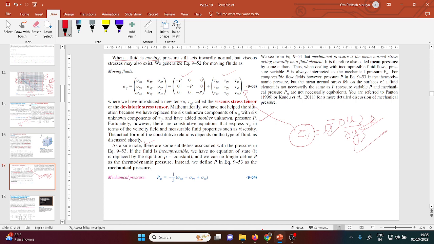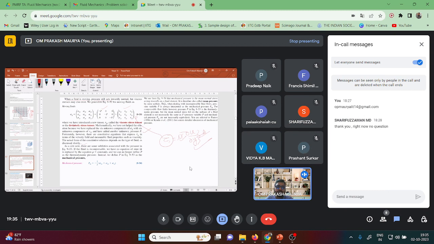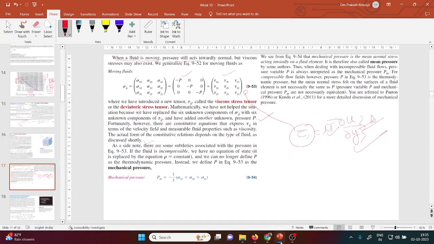I think everyone got what the limitations were, and here we reduce those limitations and try to find something in terms of the known velocity term. Let us move ahead, because we do not have much time.